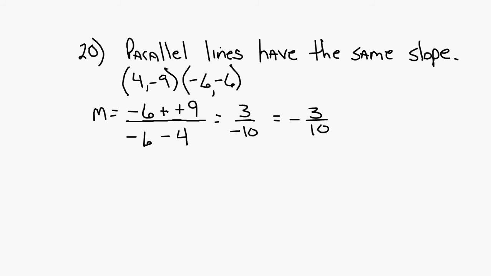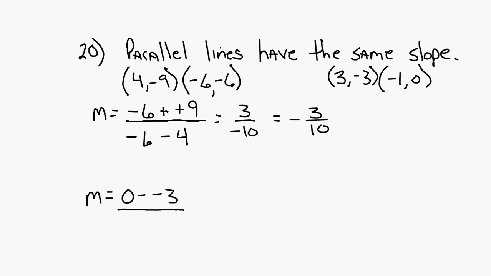Then you have to find the slope of the second line. The second line is at (3, -3) and (-1, 0). So the slope of this second line is equal to 0 minus negative 3 divided by negative 1 minus 3.